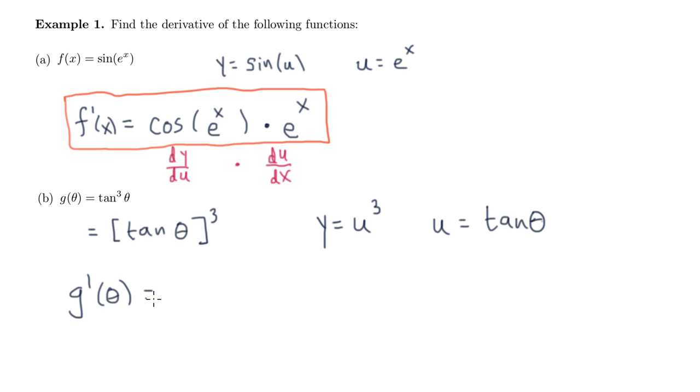So if I take the derivative of something cubed, I use the power rule. I bring down the 3, I leave the inside alone and decrease the power by 1. But then the price is I have to multiply by the derivative of the inside, so the derivative of tangent theta. But the derivative of tangent theta is secant squared theta. So here's the derivative.